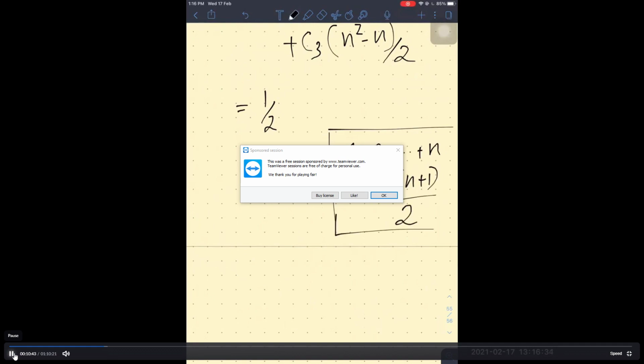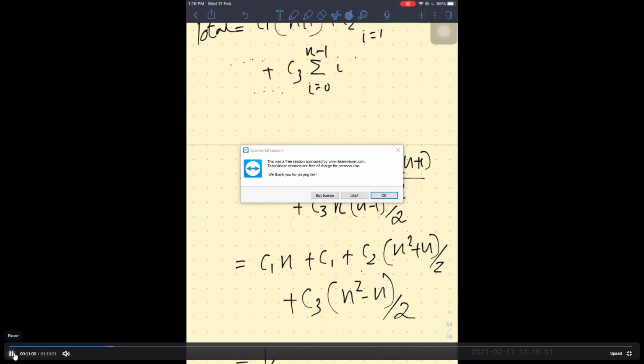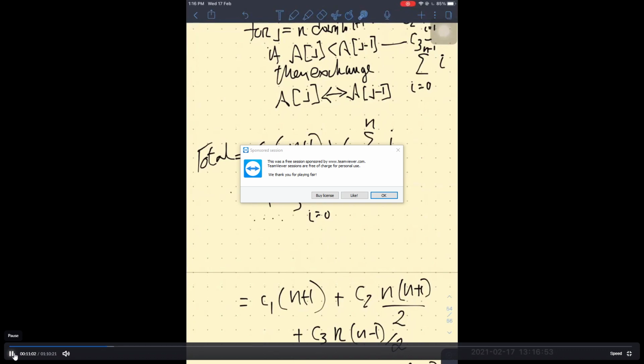This is the formula for the sum of any series. Is it clear? By using this formula, we get the sum for those two summations.